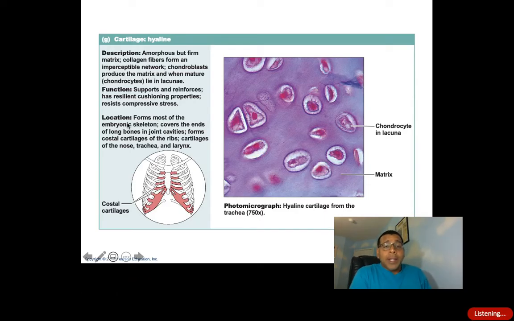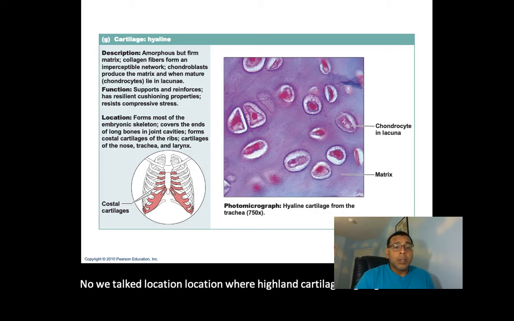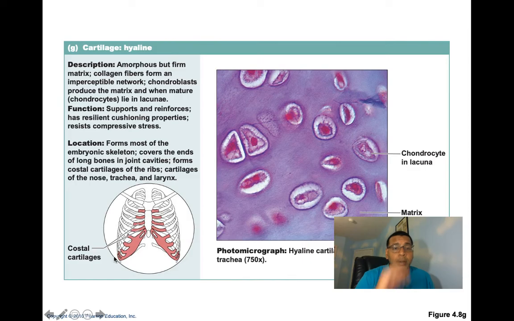Now, when we talk location, hyaline cartilage is going to be found forming most of the embryonic skeleton. So before our bones become bones, they are hyaline cartilage.